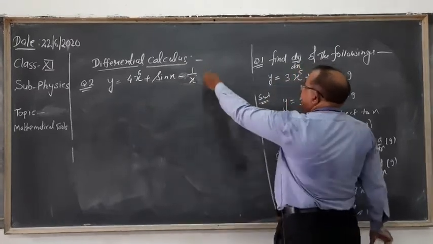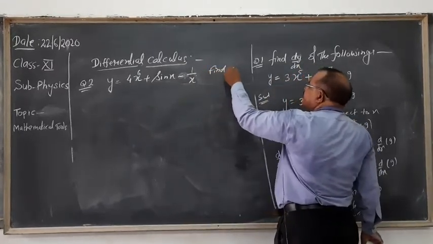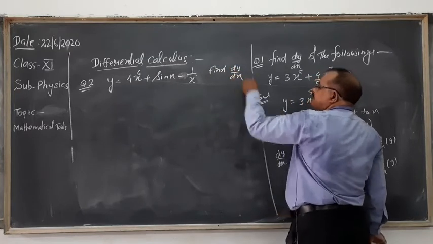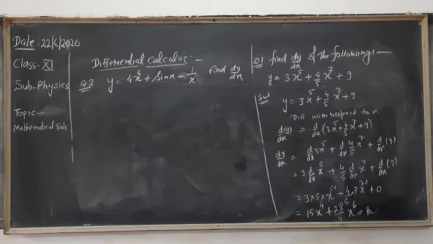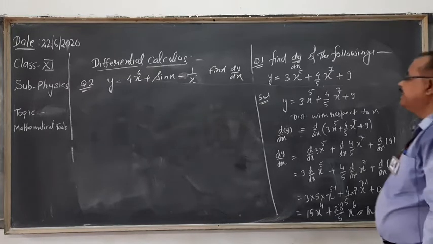Same thing, find dy by dx. Children, just try this question. y equals 4x to the power 6 plus sin x minus 1 upon x. Find the value of dy by dx.